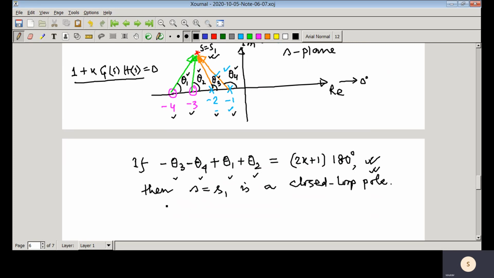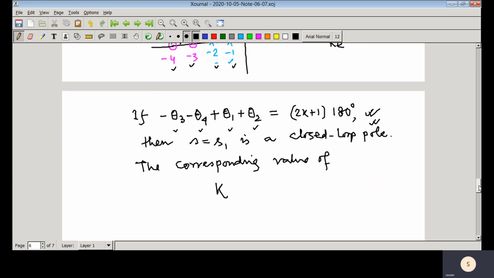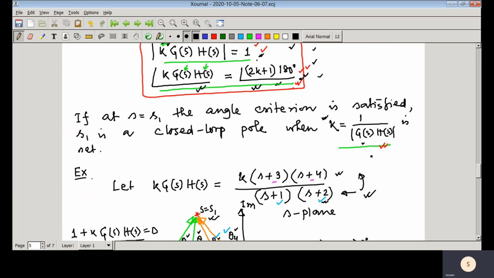Then what would be the corresponding value of K? Here we can see that K is 1 over the mod of G(s)H(s).